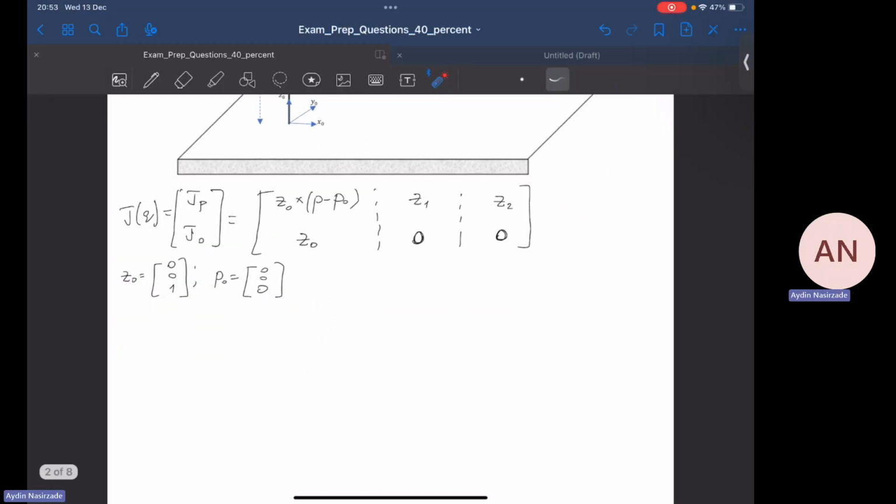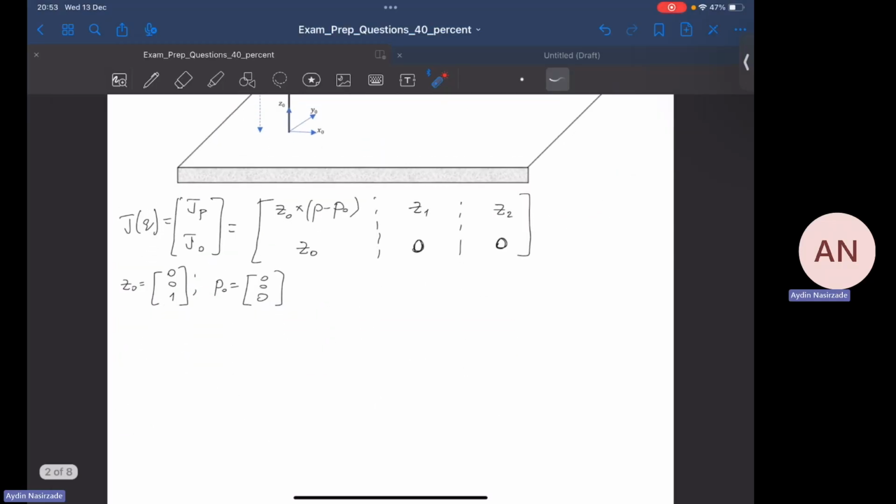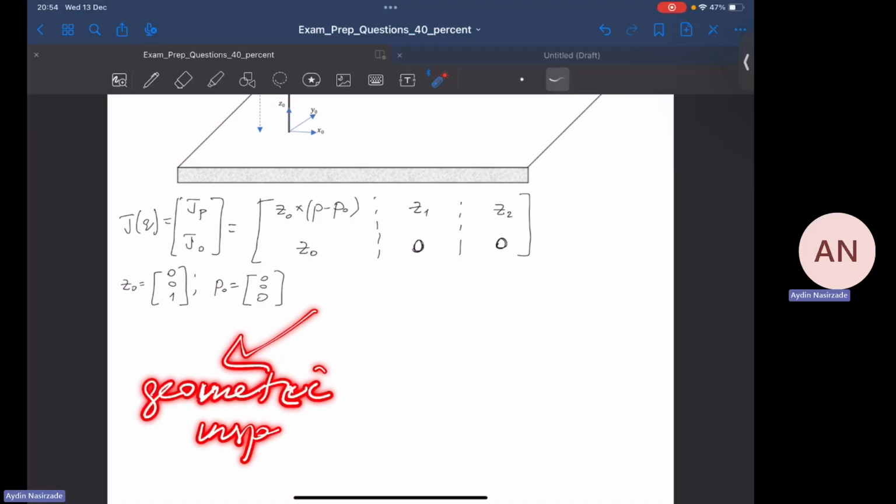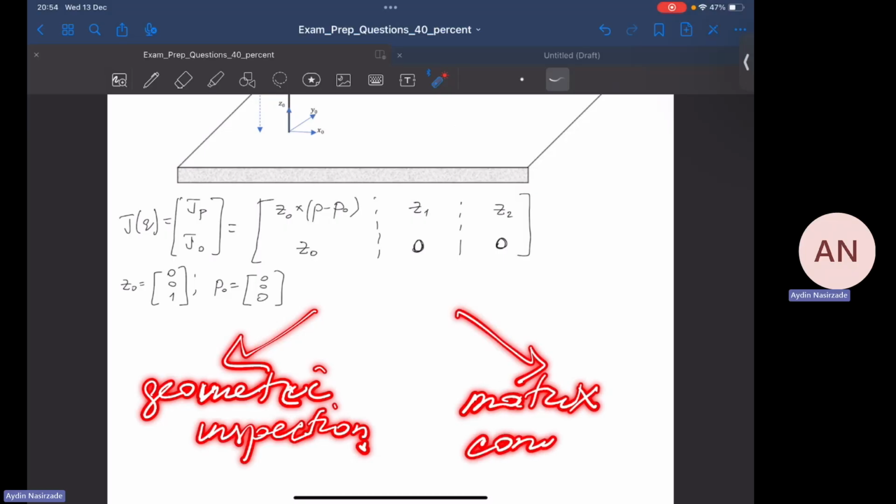To determine the values of those vectors, we can actually use 2 methods. One is geometric inspection. If you do not feel confident about geometric inspection, you can use the second method, which involves actual matrix computation.